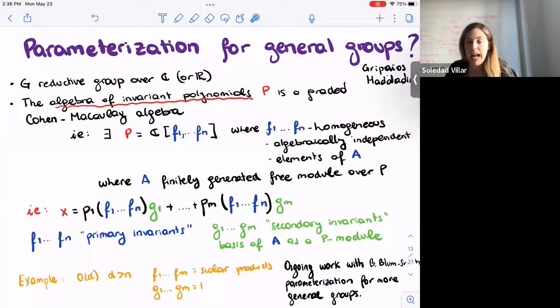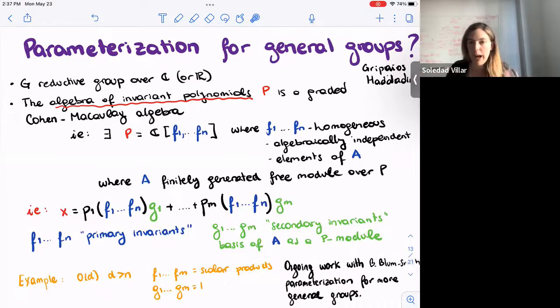So if we have access to the primary and secondary invariants for our groups, then we can do this parametrization of the invariant functions with no need of using the irreducible representations that these people had before. The issue is that this doesn't always scale well, and a complete characterization of the invariants is not always known.